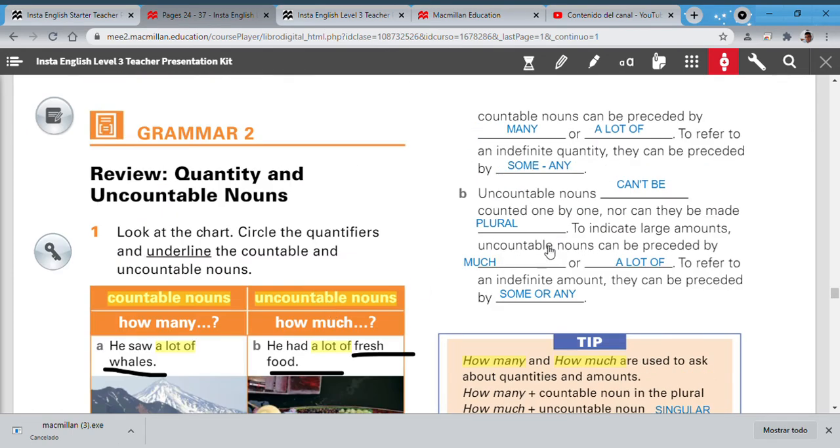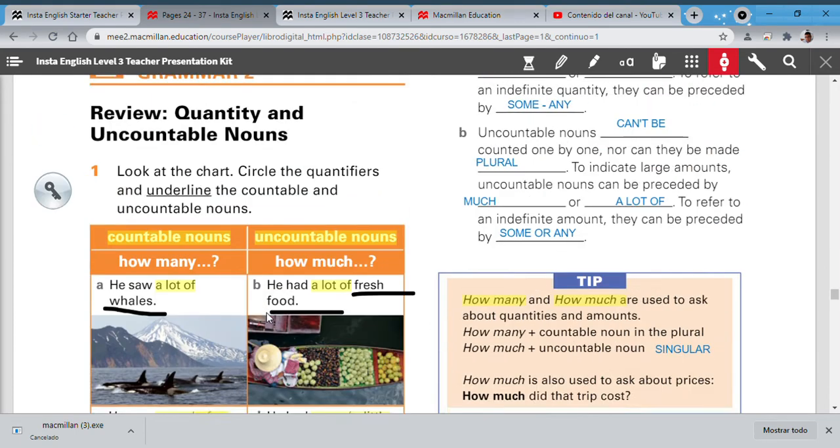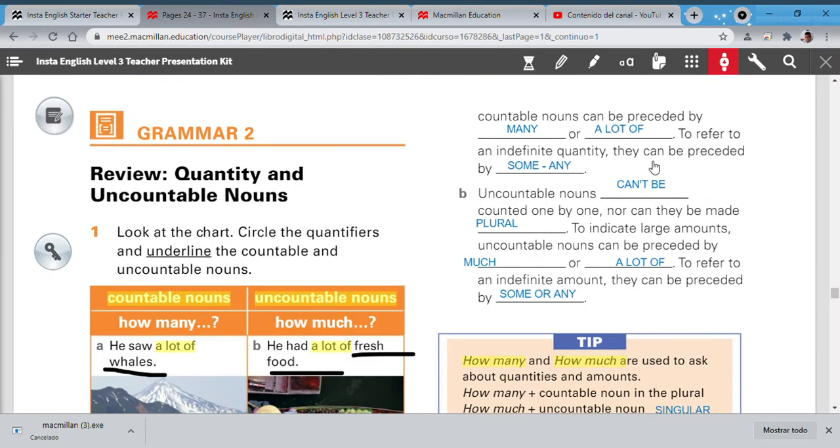Sorry, uncountable nouns cannot be counted one by one, nor can they be made plurals, only singulars. Look, to indicate a large amount, uncountable nouns can be preceded by much or a lot of. To refer to an indefinite amount, they can be preceded by some or any.